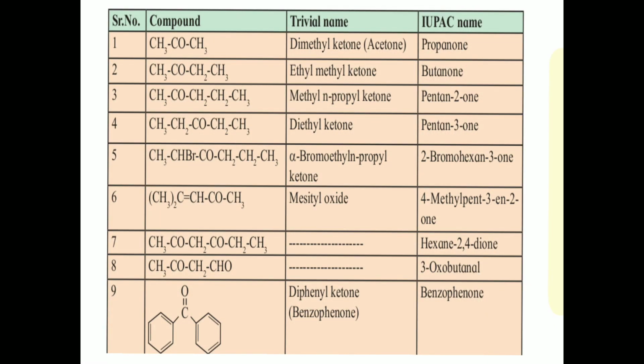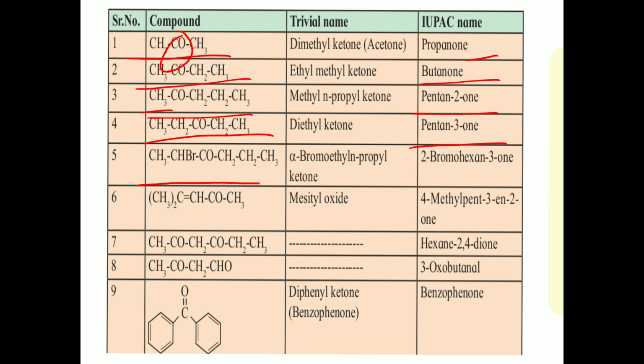As we already studied the trivial name, that is the common name system, we go directly to the IUPAC name, as it contains 3 carbon atoms. So the general name is propane, but as it contains the carbonyl group, that is the CO group, it is a ketone, so it is known as propanone. 3 carbon propanone, 4 carbon butanone. Now here there are 1 2 3 4 5 carbon atoms. At the second carbon atom it contains the carbonyl group, so pentan-2-one, and here it is at the third carbon atom, so pentan-3-one.